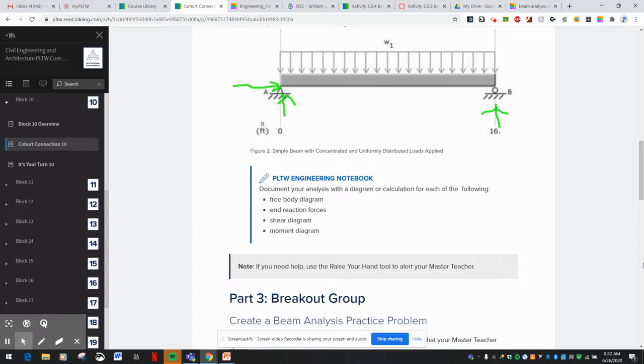Okay, seeing that I didn't put those arrows in there, I wanted to come back to this and show you that. This is a fixed connection, and this is a roller connection. So the roller has the one here, whereas fixed has a horizontal force, a force in the x, and a force in the y.